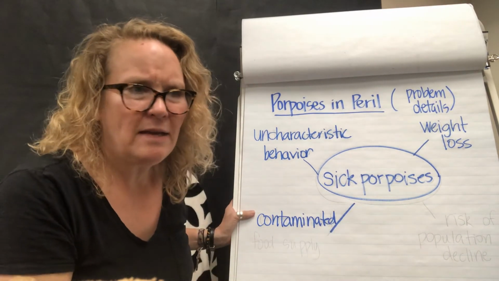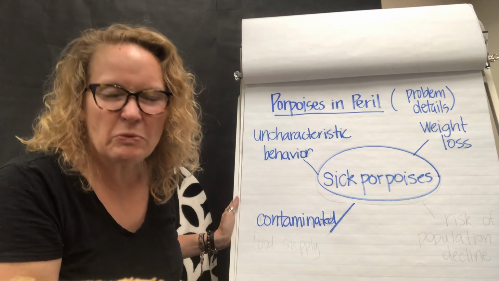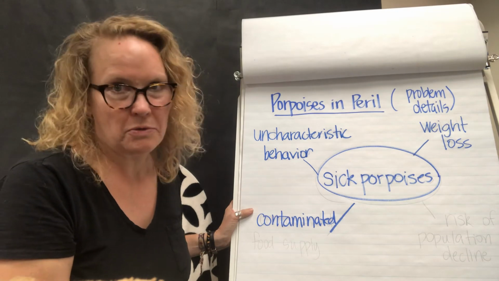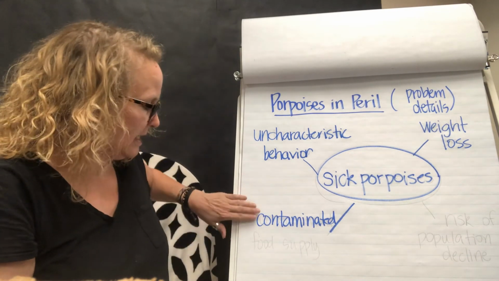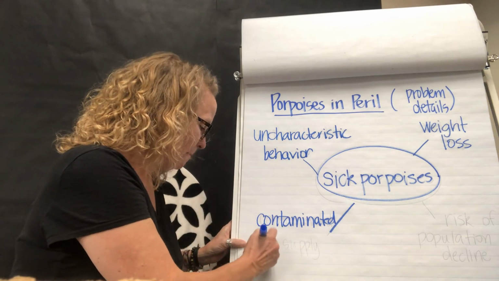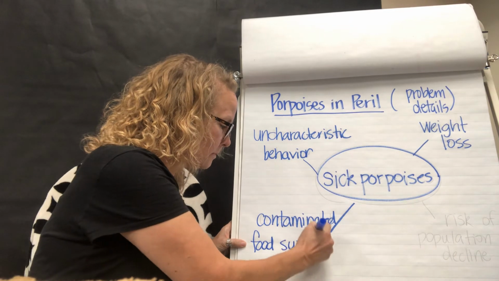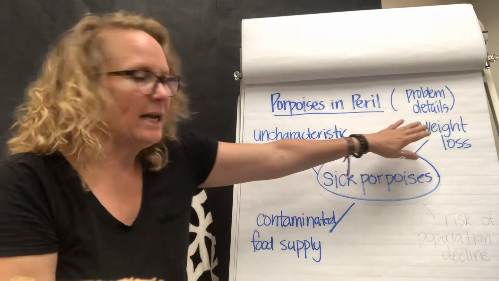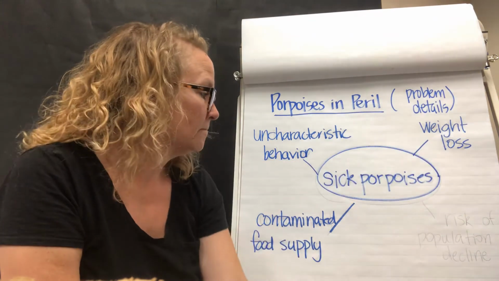Contaminated means changed in a bad way, right? So we wouldn't want to eat contaminated food, would we? Well, neither would the porpoises, right? So a contaminated food supply could be related to the weight loss that the porpoises are experiencing.